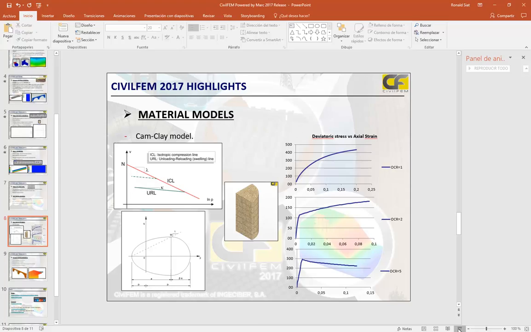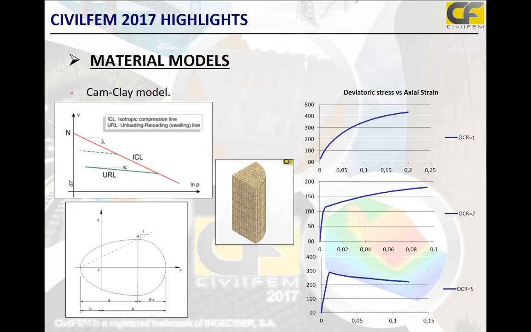And well, here we can see that the typical values of the Cam-Clay model are the isotropic compression line and the unloading reloading line, that are these slopes, and these slopes depend on the over-consolidation state.